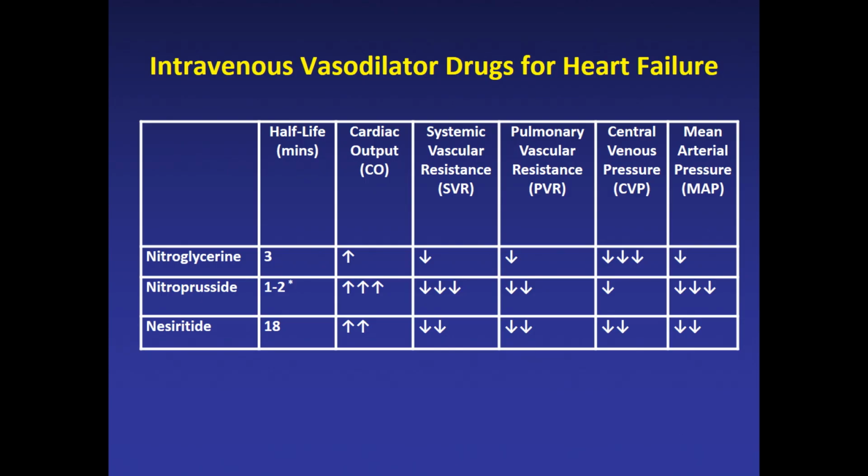Nitroglycerin is often preferred in patients with myocardial infarction complicated by cardiogenic shock because of its anti-ischemic effects and its effects on coronary vasodilation. Nesiritide is used least frequently among these agents because of the early signals of harm with excessive hypotension that were noted in the early trials.